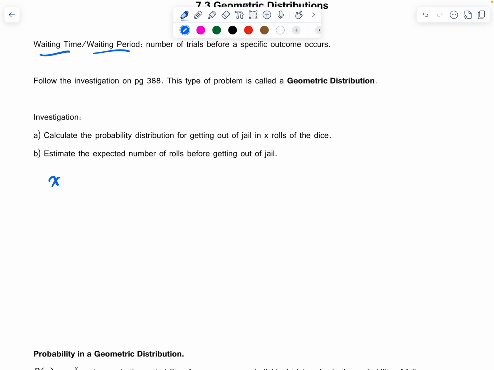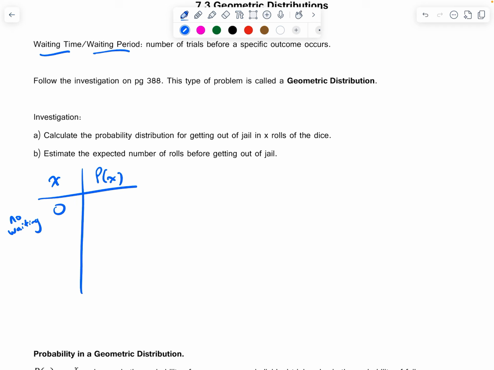So what we can imagine here is we have X rolls of the dice, and we have the probability of having that. I'm going to phrase this in a different way. We're going to say in 0 rolls, as in 0 means no waiting, as in you get it on your first try. So probability you get it in 1 roll. Well, doubles, we got to think about the probability of getting doubles.